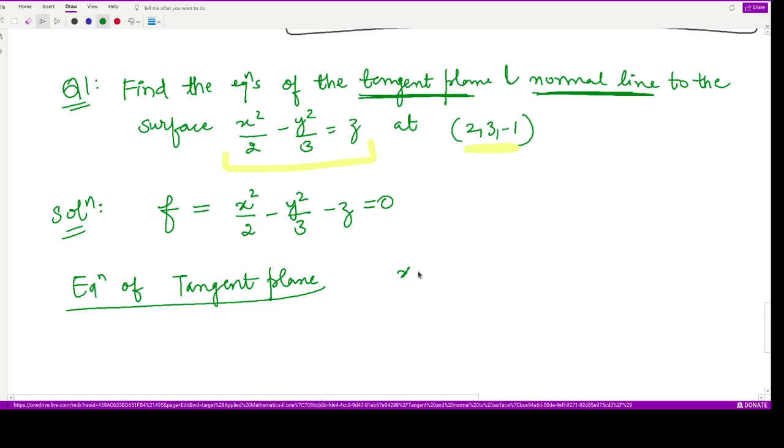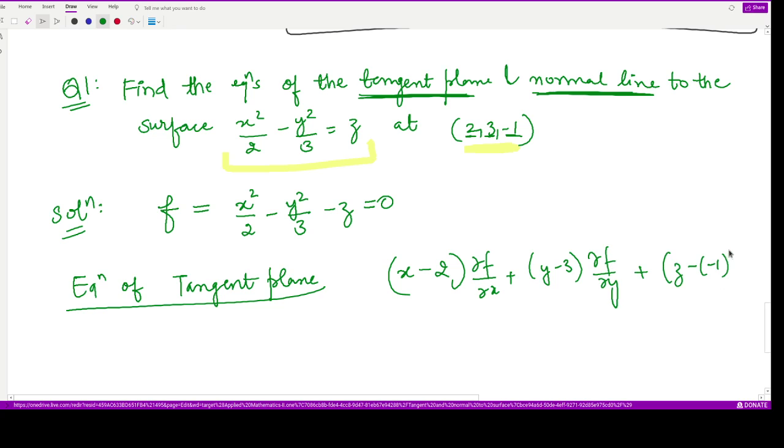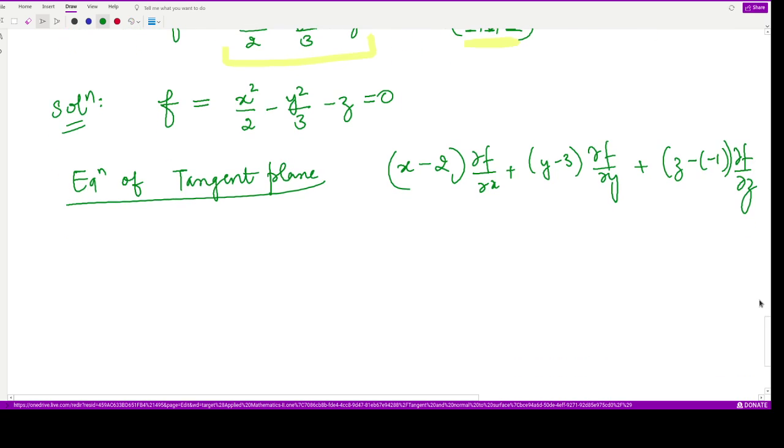This is x minus 2 multiplied by del f upon del x plus y minus 3 multiplied by del f upon del y plus z minus of minus 1 multiplied by del f upon del z. So we firstly have to calculate del f by del x, del f by del y and del f by del z.